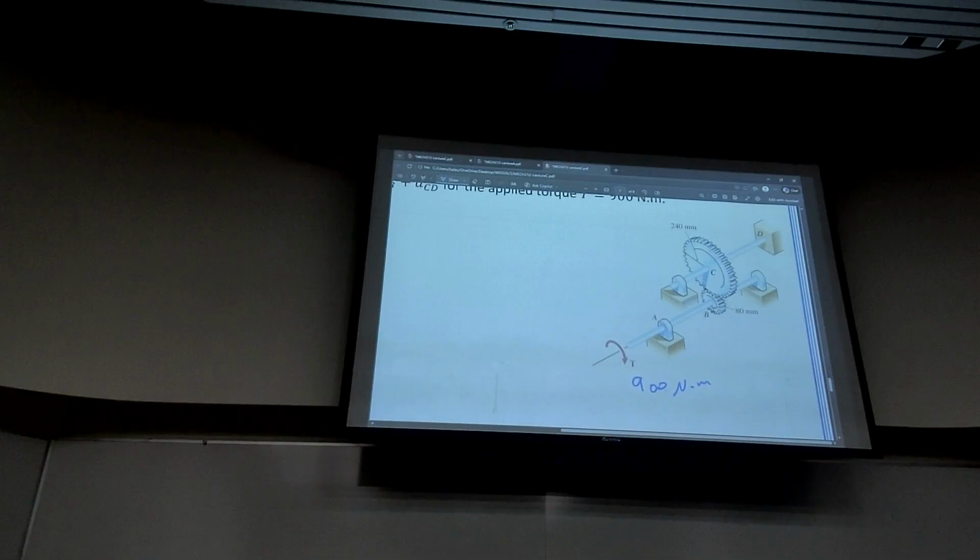So what would be the torque on this then? If this is 900, the ratio is 3. So there should be 1800? You said 3. Instead of 2 times 900, 3 times. You multiply 3 by 900, 2700.